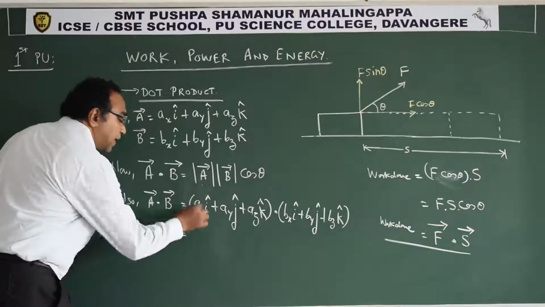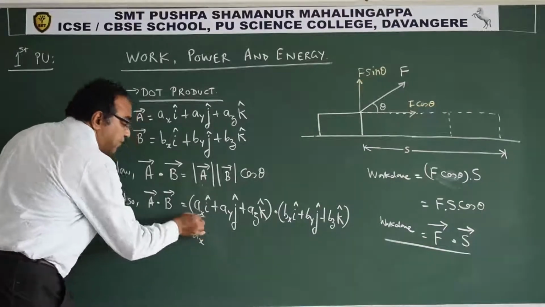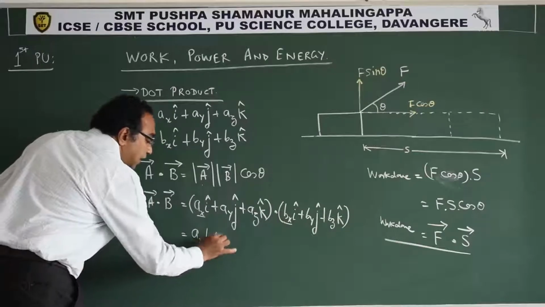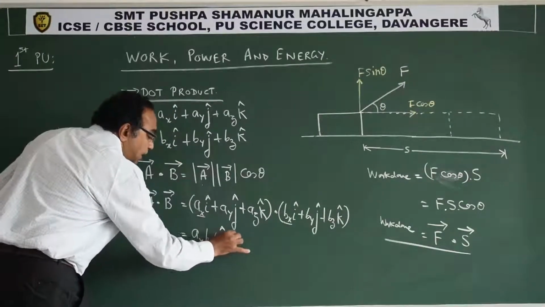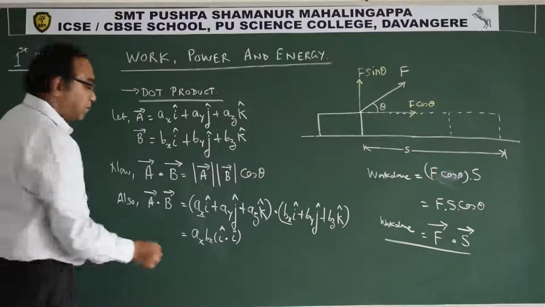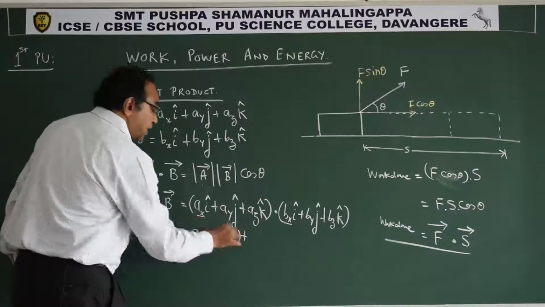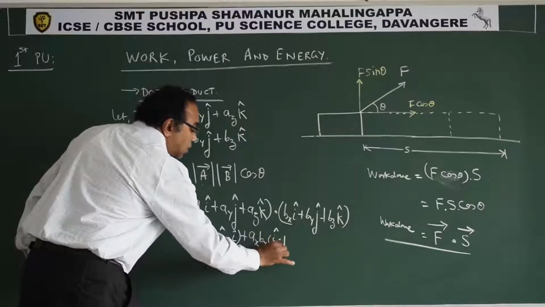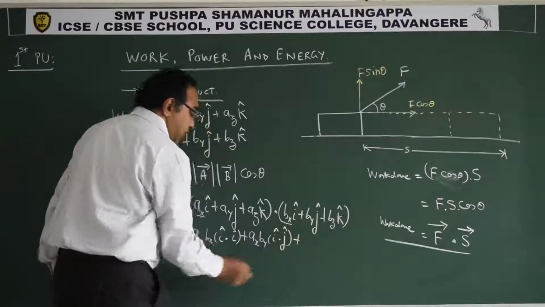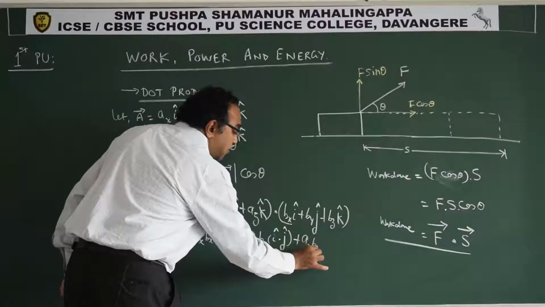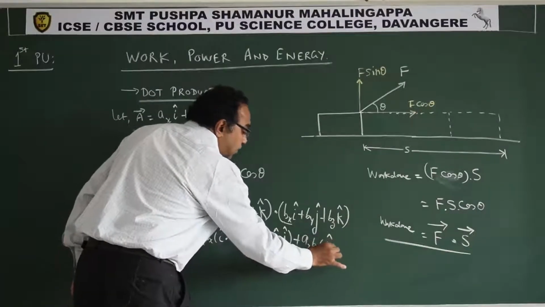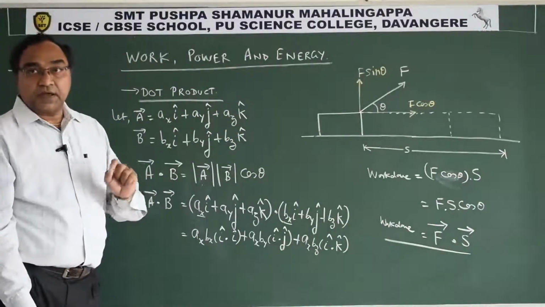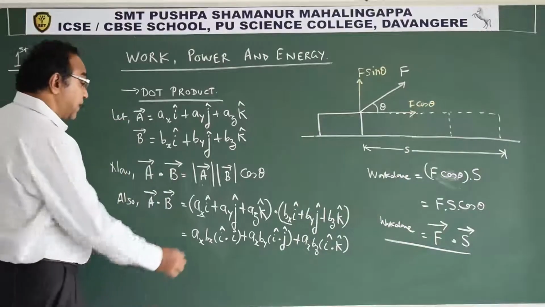When we open up the brackets, ax is a scalar quantity, bx is a scalar quantity, and I will have i dot i. This is what we get, plus ax by i dot j plus ax bz i dot k. This is what we get with ax. Now proceed with ay.